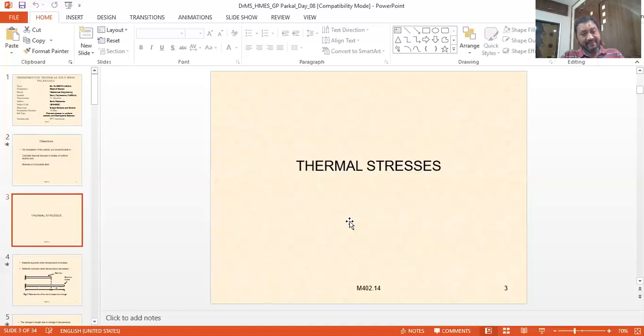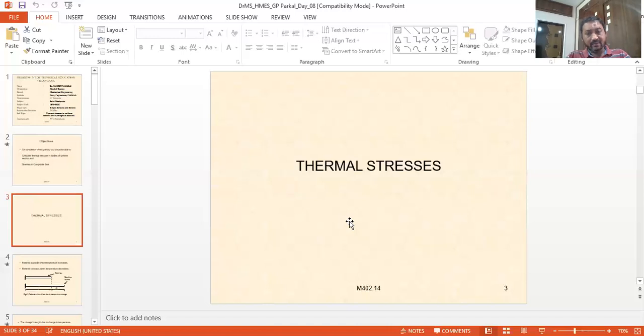So in both cases, the stresses induced in the materials are called the thermal stresses or the temperature stresses. So this is about the thermal stresses in the bars of uniform sections.